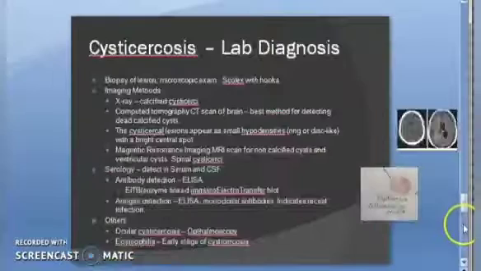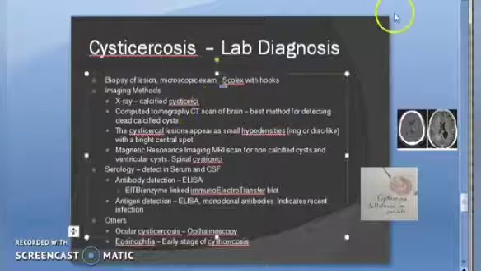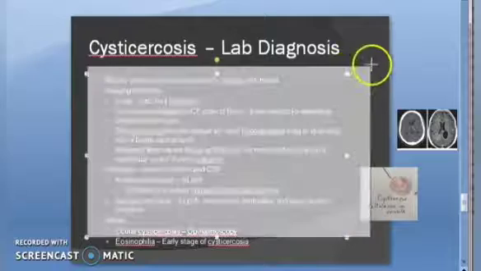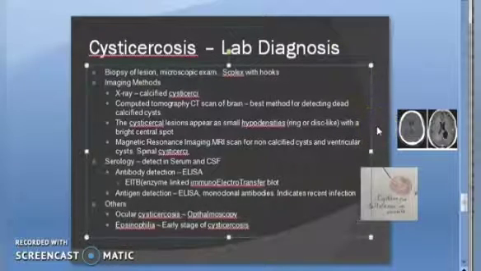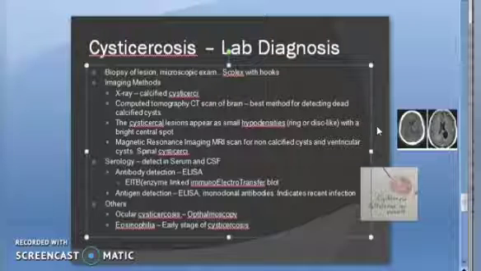Then moving on. Cysticercosis lab diagnosis is very unique. It's not the same typical lab diagnosis of stool examination. See here, it's biopsy of lesion, imaging, X-ray, CT, MRI. Serology, you will do what?